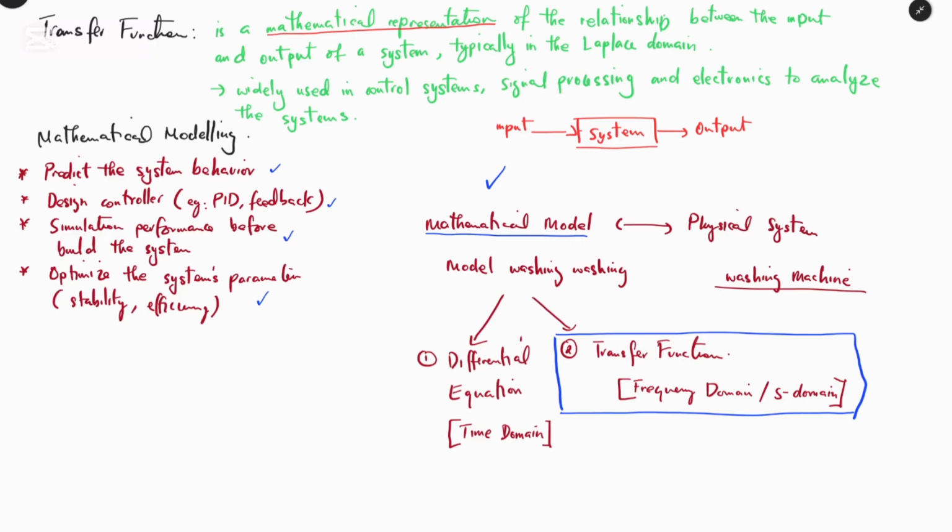When we talk about the relationship, if we apply some input to a system, what will happen to the output of the system? In a mathematical modeling, if we have a physical system such as the washing machine, we will have to measure the output, which is a function of, for example, the motor.